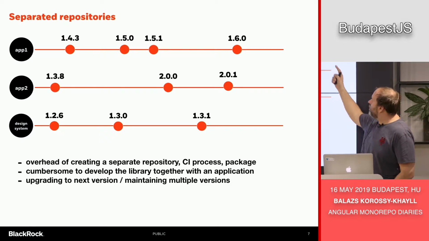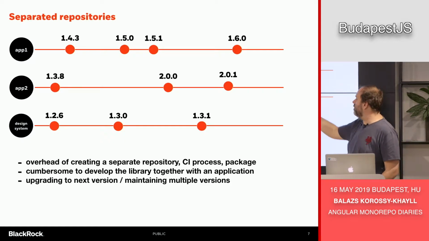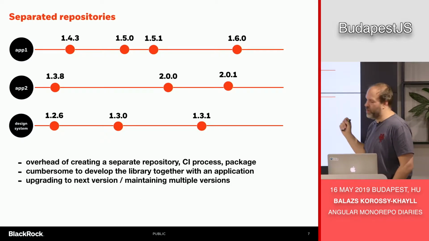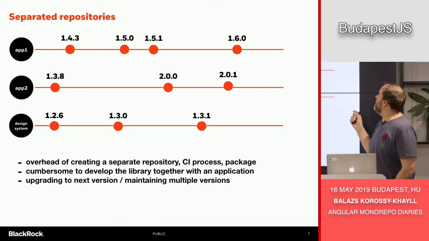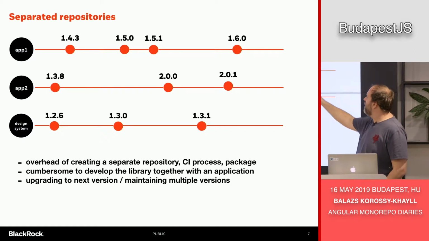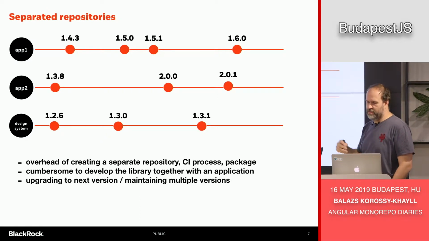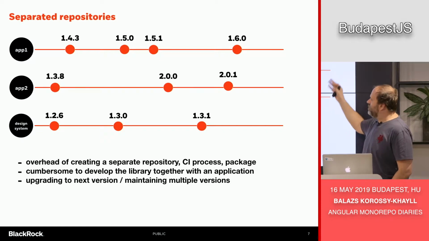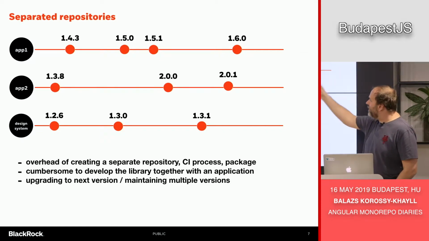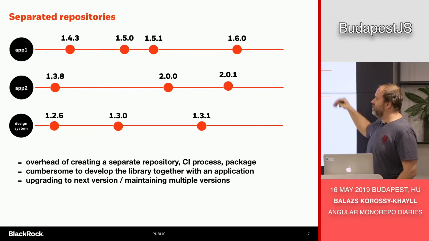Then, in 1.6, they finally start using it from the design system, and actually they're using the newest version, the 1.3.1 version of the design system. But application 2, although they are using it from the design system, in their patch release, they are not upgrading to the newest version because they don't want to deal with that. So as you can see, at any point of time, there's inconsistency between the two applications.